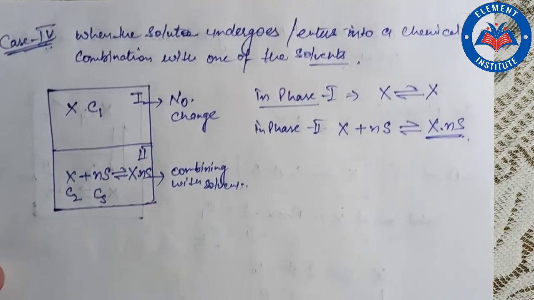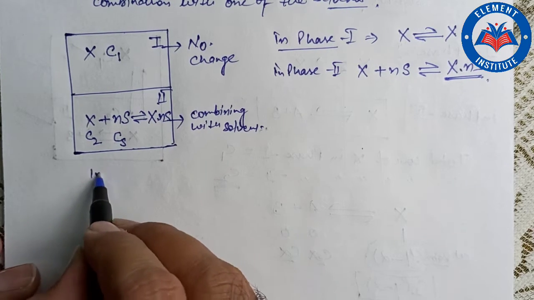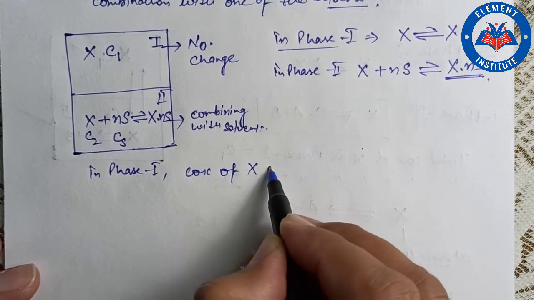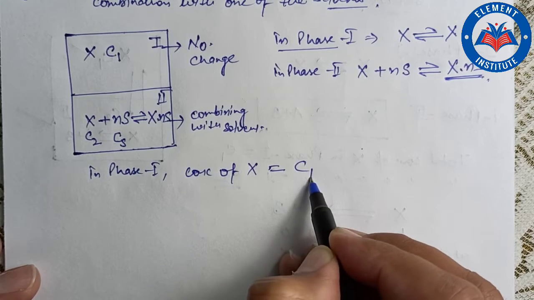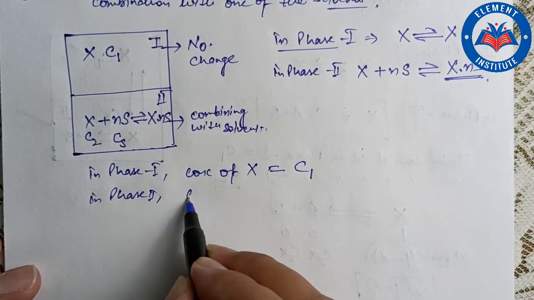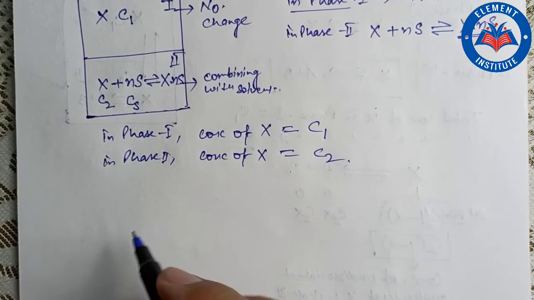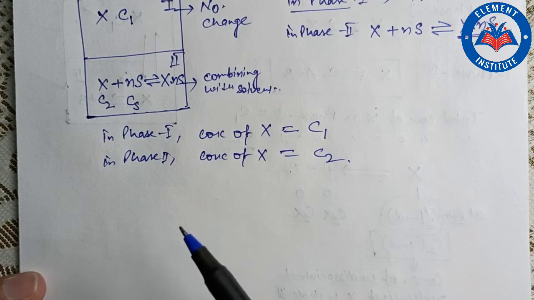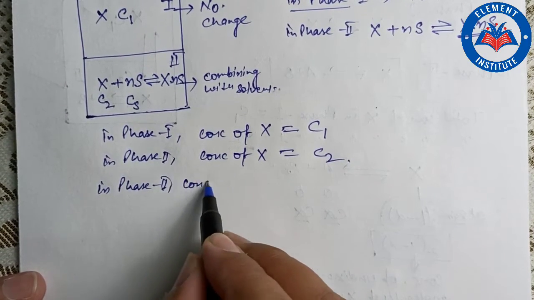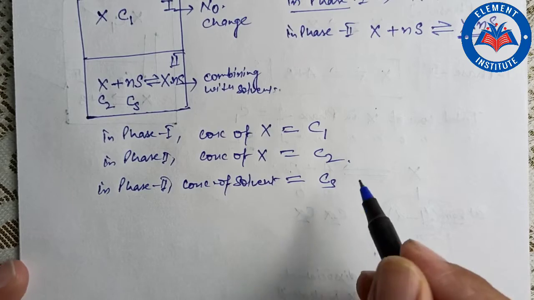Okay, now let the concentration of solute in phase 1 be C1. In phase 1 the concentration of solute is equal to C1, and in phase 2 the concentration of solute is X2, and the concentration of the solvent molecule in phase 2, the concentration of solvent, is CS.